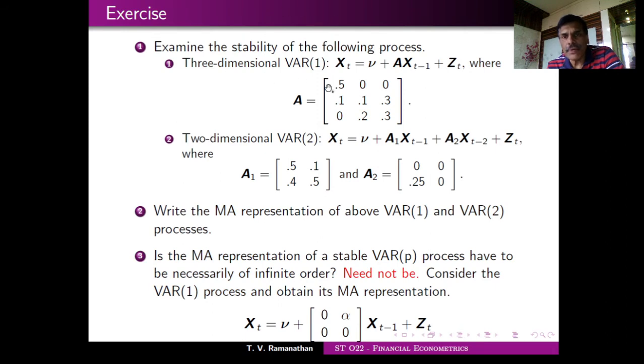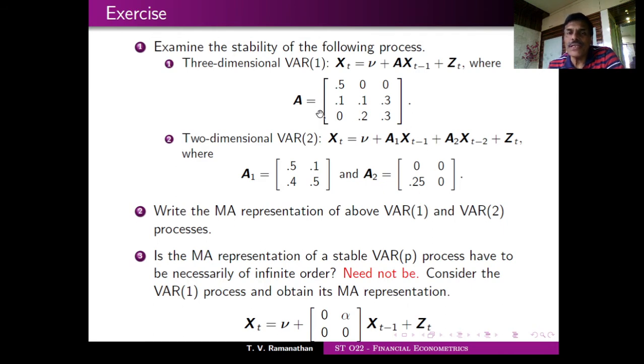Let's take an example. This example I'm not going to write down completely because that's just simple algebra. So I'll just mention it, you can do it yourself. So I'm considering two examples here. The first example is a VAR(1). So VAR(1) means this will be the determinant of I_k minus Az.